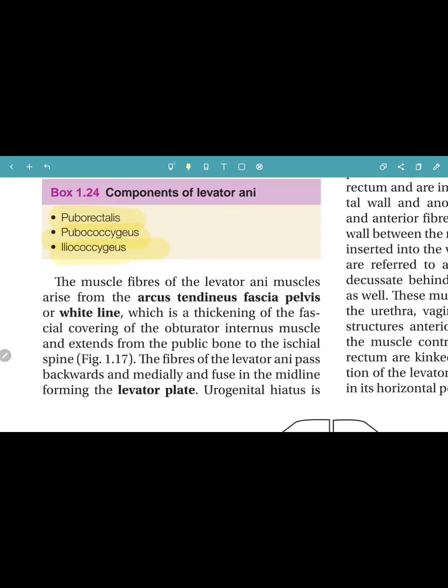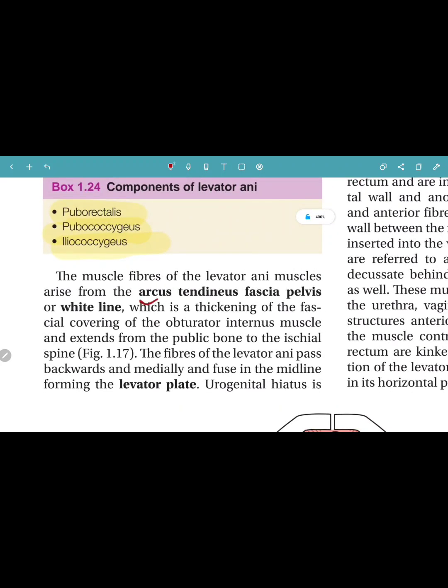Now the muscle fibers of the levator ani muscles will be arising from a structure known as arcus tendinous fascia pelvis, or white line.